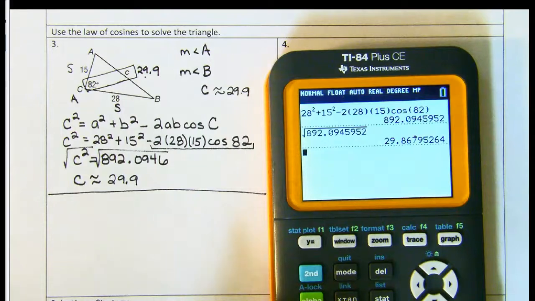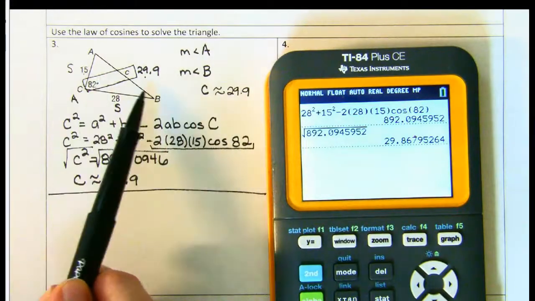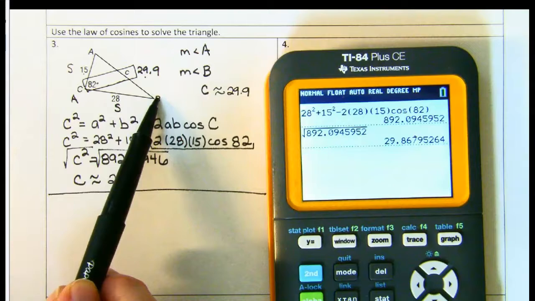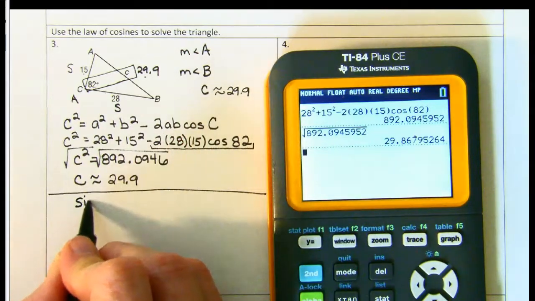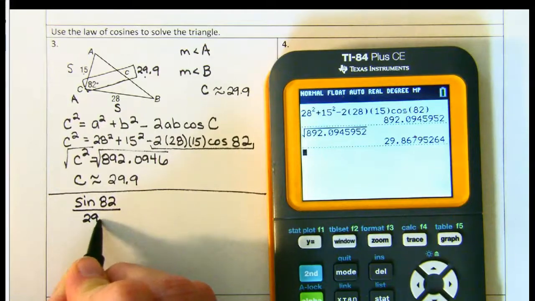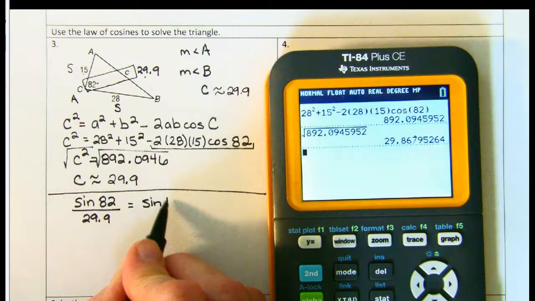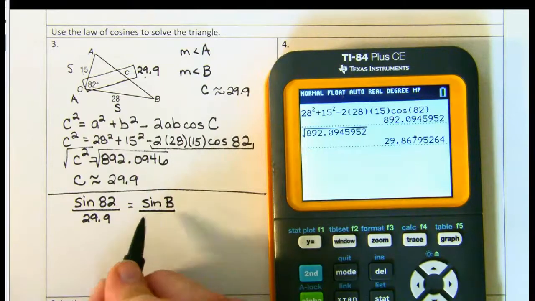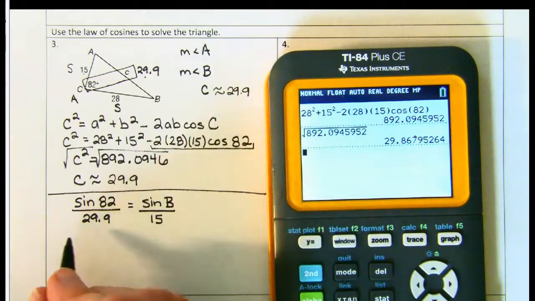So what we're going to do here, we are going to go to this 15 right here, and I am now going to calculate B. So sine 82 over that 29.9 is going to equal sine angle B over 15. Just like we learned in the previous lesson, we are just going to cross multiply this.